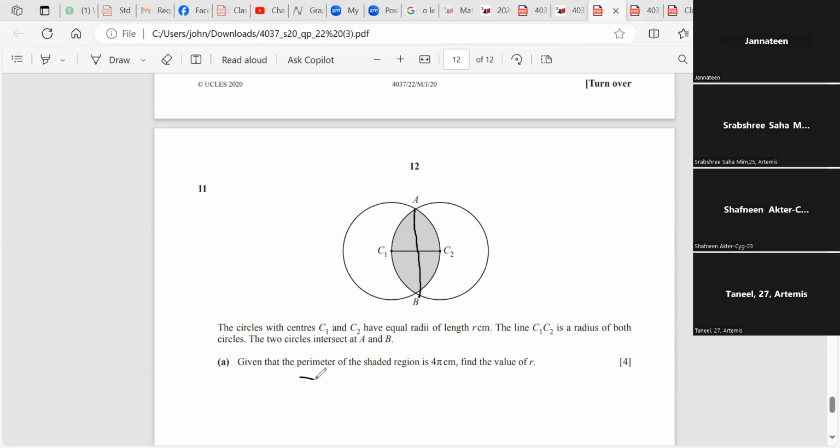If I look at the perimeter, it is basically the perimeter of the arc, basically 2 arc lengths. You're looking at 2 arc lengths. So this is 1 arc length, let's say.